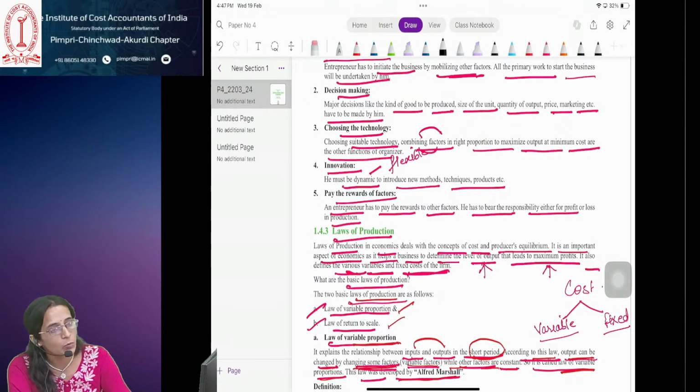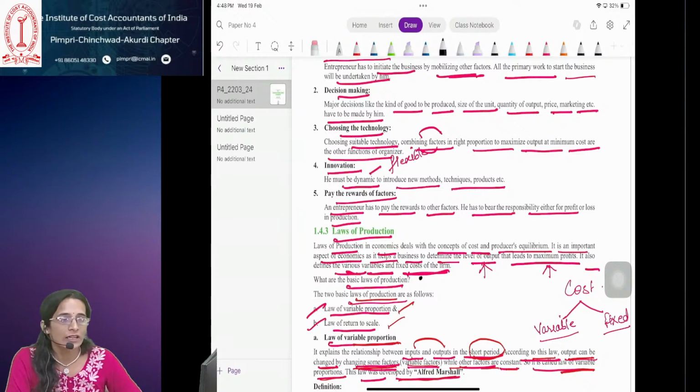I will produce 1000 units, I will produce 2000 units. That is the level of output. What is the quantity to be produced that leads to maximum profit? It also defines various variable and fixed costs of the firm. It is not only helping in this, it is helping to determine how much is the variable cost, how much is the fixed cost.